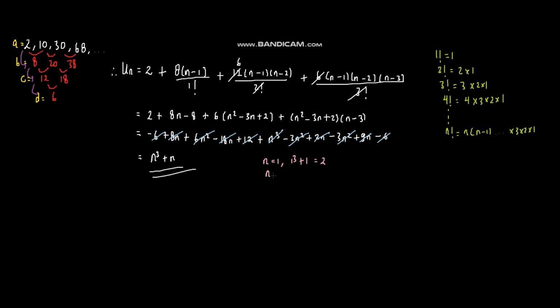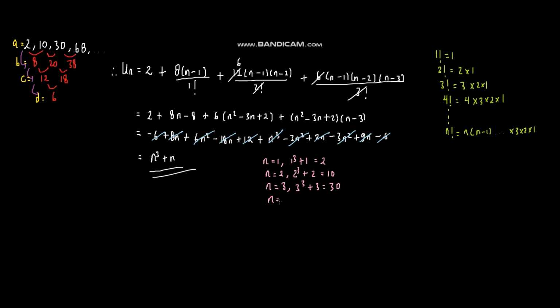And then when n equals 2, it would be 2 cubed plus 2. 2 cubed is 8, 8 plus 2 is 10. And as you can see here, that's 10. n equals 3 is 3 cubed plus 3, which is 27 plus 3, 30. And the third term is also 30.